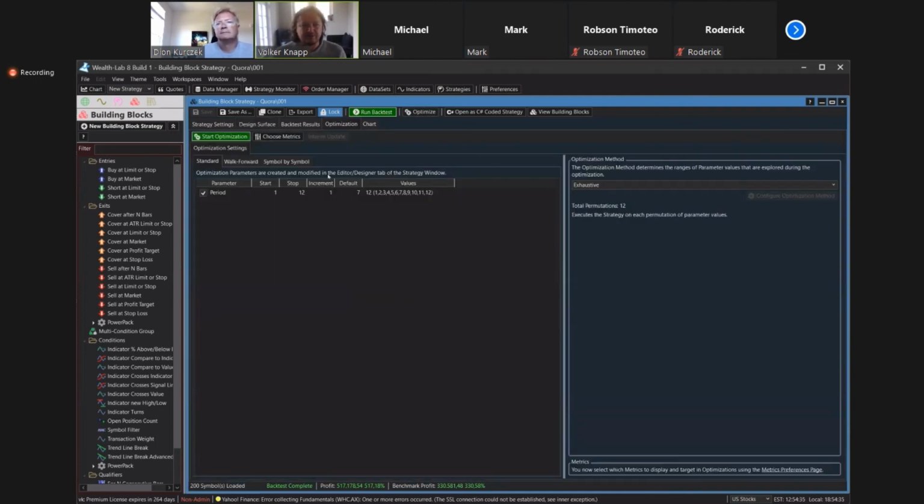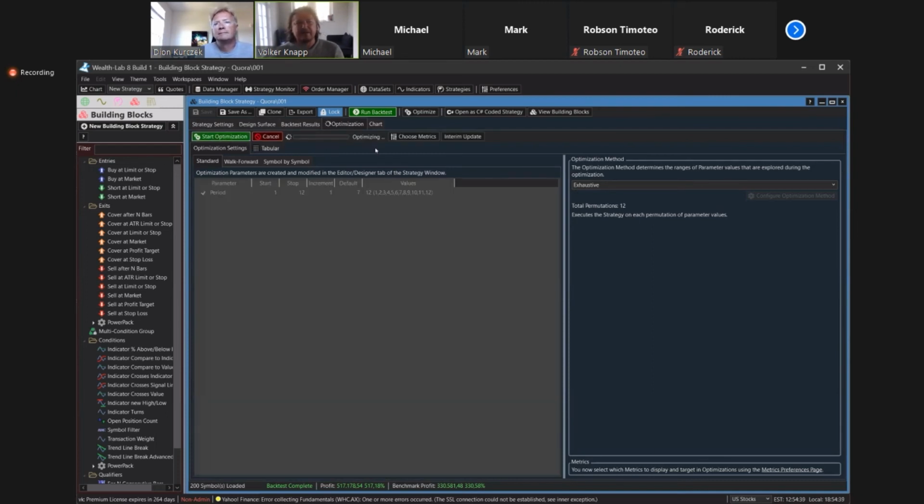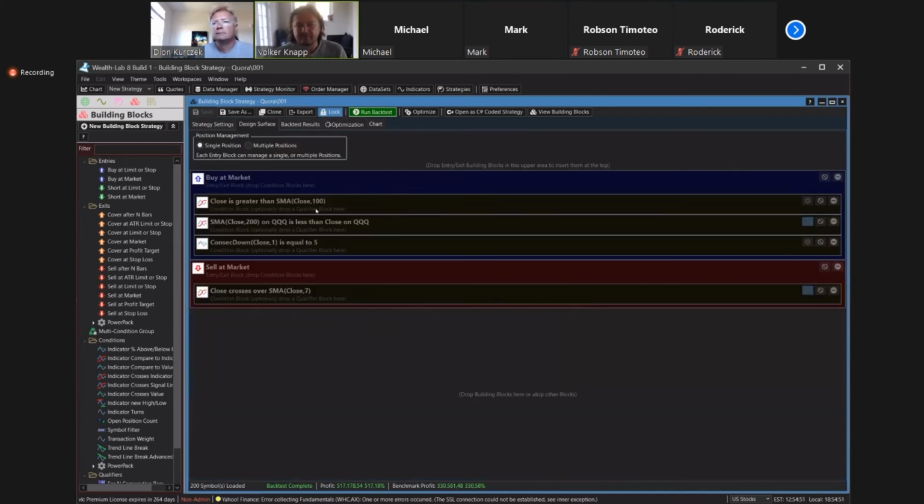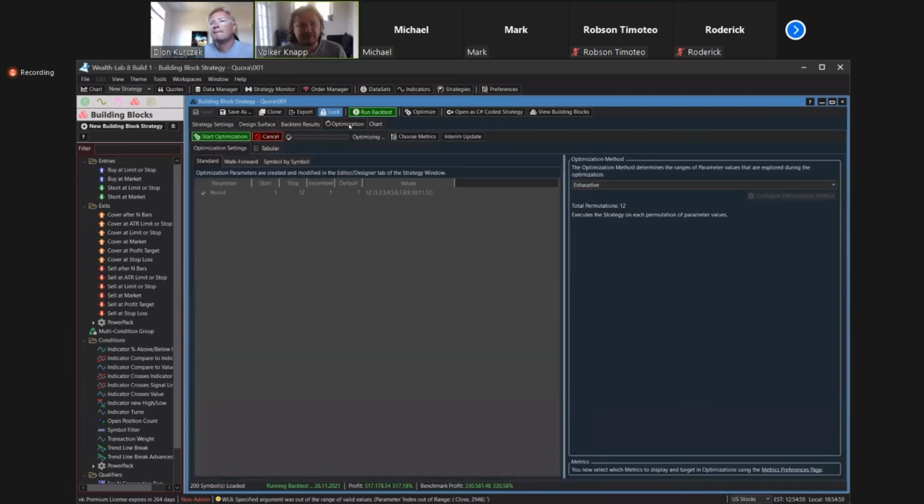If I run the standard optimization, I get a result, but that's not what you're looking for, right? If you would run all these parameters that we have here, you would probably run forever. But then you might not get the best result walking forward.